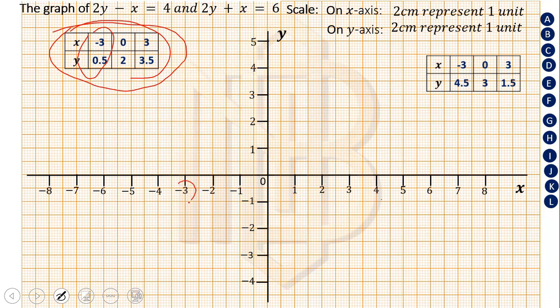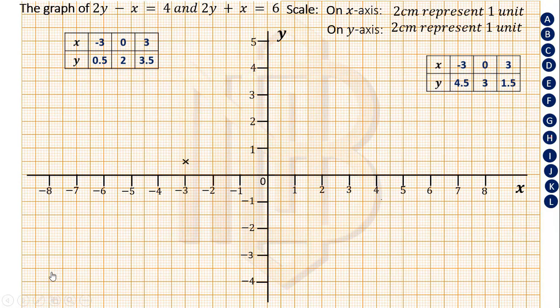This is when you have -3. 0.5, of course, on our y-axis will be somewhere here. So you trace the line from that point. If you trace it, where they meet is where we have our first point, which is going to be there.